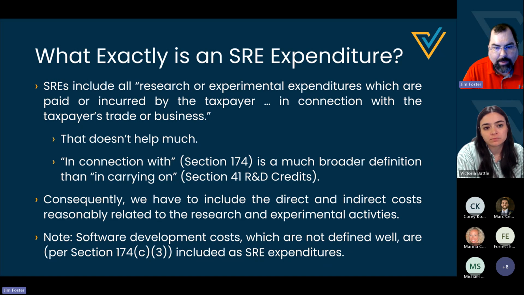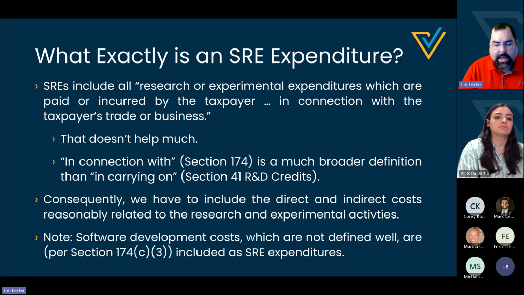So we have to include direct and indirect costs that reasonably relate to the research and experimental activities. Now, 174 calls out software development costs as SRE expenditures. However, that's all that it said. It didn't define what software development was.